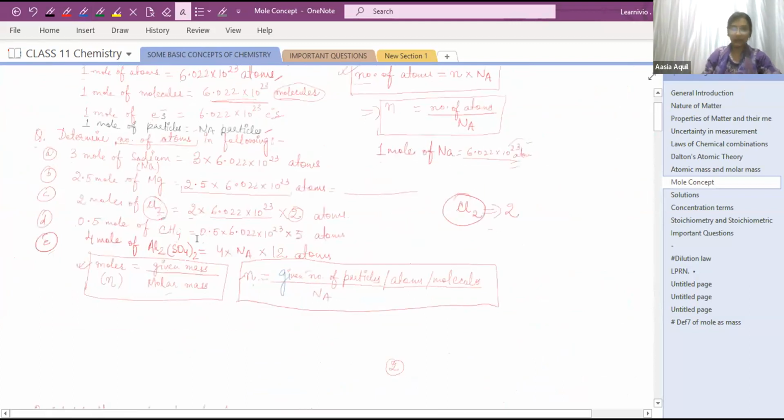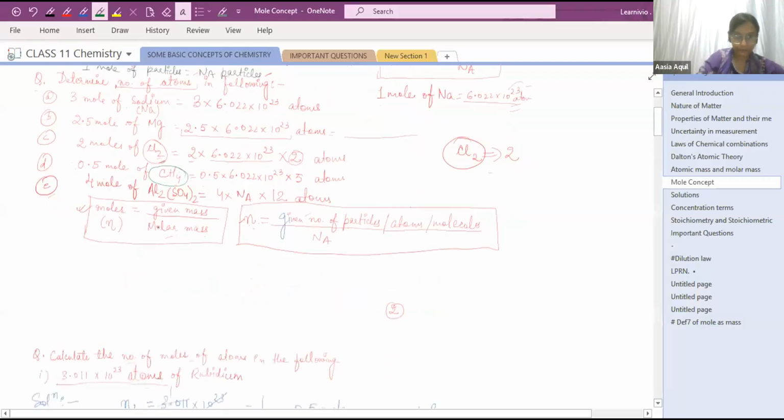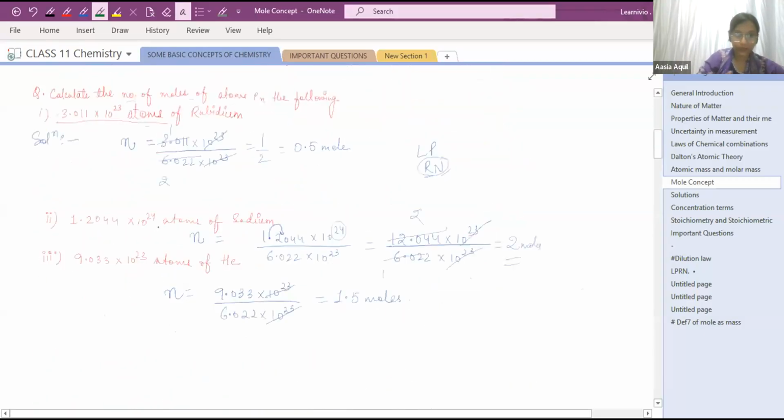Just don't forget, if atoms are given in the question, you have to multiply it by the total number of atoms if a molecule or any compound is given. Just remember that. So clear? Have you written it, Amna? Yes, ma'am.